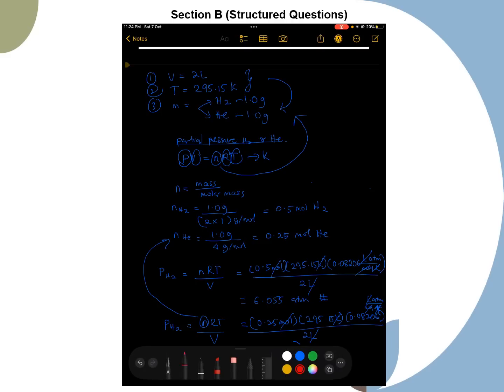So let's look at the distribution of the marks. If you calculated the value of the mole for H2 and He correctly, you will get 1 mark. Both of them must be correct. Another mark goes to the substitution of the first formula and the final answer together with the correct unit. You must write the unit.